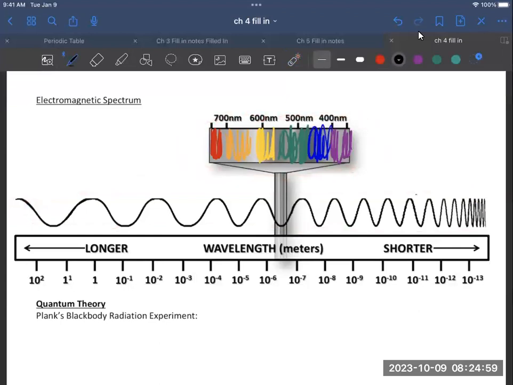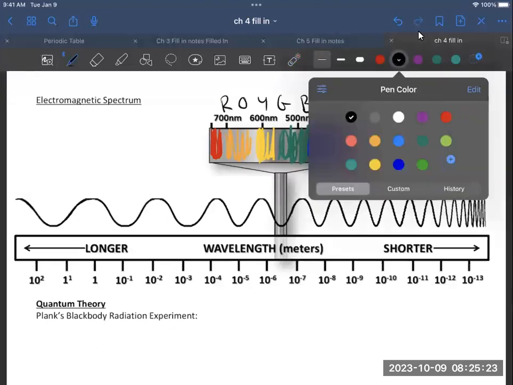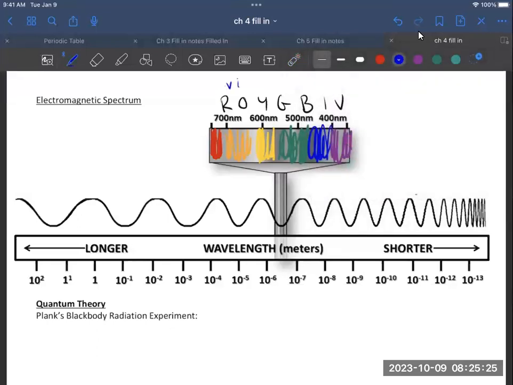If you don't have colored pencils to fill this in, please label the colors Roy G. Biv. The reds are closer to 700 nanometers and the violets are closer to 400 nanometers. So this is your visible light. This is the only part of the electromagnetic spectrum we can see with our eyes.